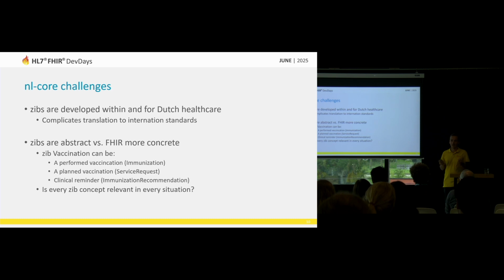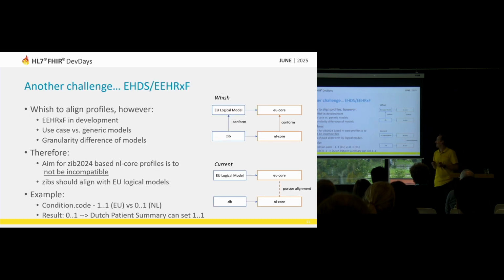Then we have another challenge, and that is the European Health Data Space exchange format. We really want to conform to it because it's going to be an important part. It's going to be in law and whatnot. So you would maybe even want to derive from it. However, that's currently not really possible because it's still in development.